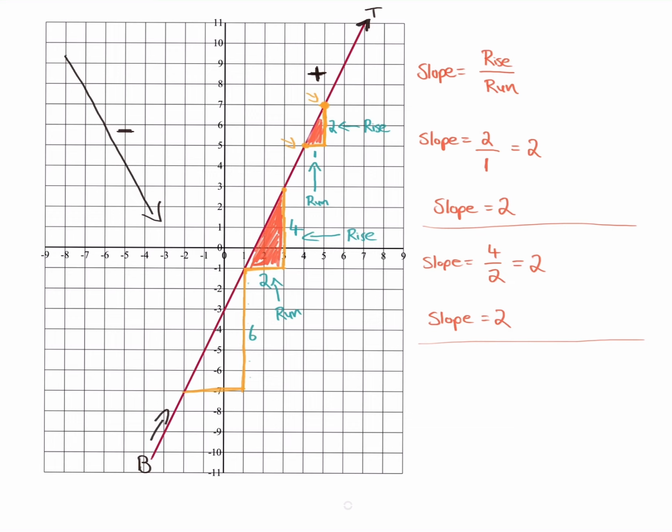That's 6 tall, and 3 across. And this is the rise here, the height, and this is the run. So our slope is the rise over the run. The rise of this one is 6 and the run is 3, and 6 divided by 3 is 2. So again, our slope is 2.